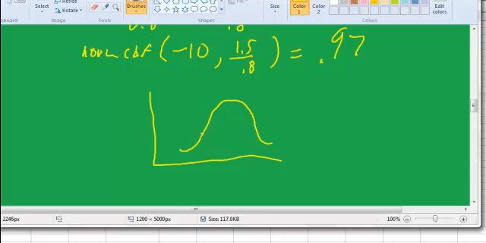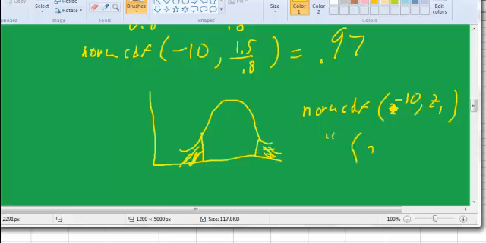If the question asks how much is less than or equal to a number, then we're doing norm CDF from negative 10, a big number, to Z2.